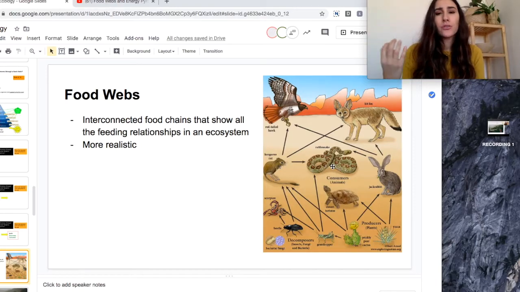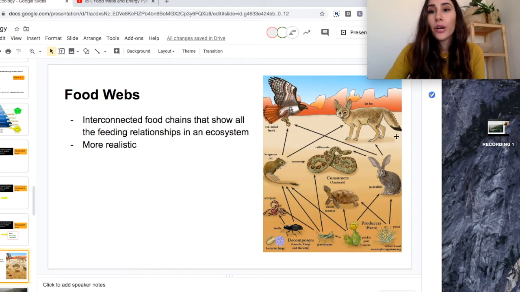And another thing that's super important to remember is that all these organisms that you see here in this food web are connected. Remember, we are all connected. We share a global ecosystem that we all live in. If one of these organisms is affected somehow, all the other organisms that live in this ecosystem will also be affected, all right?